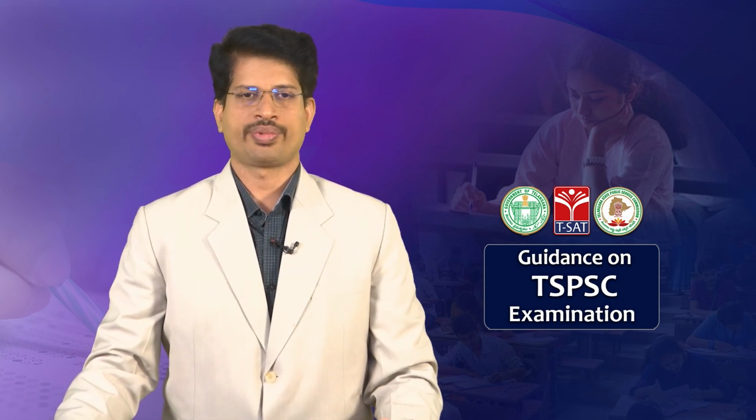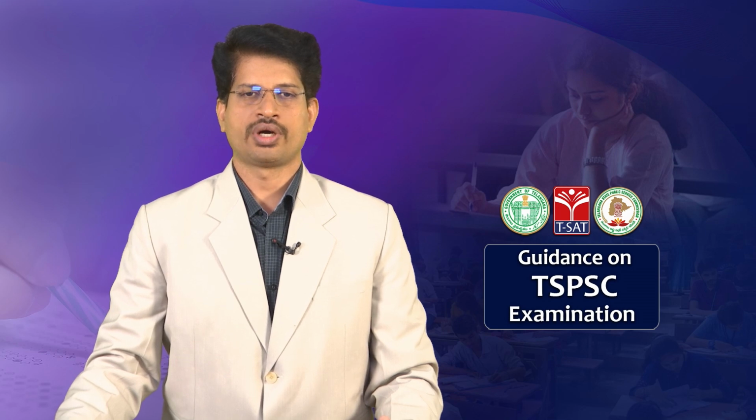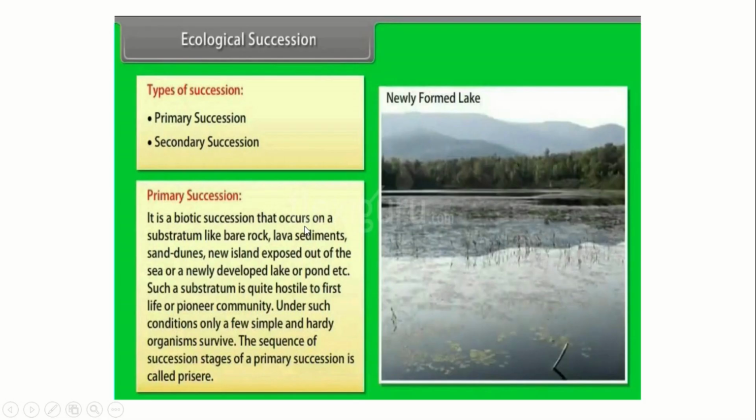In the case of primary succession, it is a biotic succession that can occur on a substratum like bare rock, lava sediments, sand dunes, new islands exposed out of the sea, and newly developed lakes, ponds, etc. Such a substratum is quite hostile to first life, or the pioneer community.